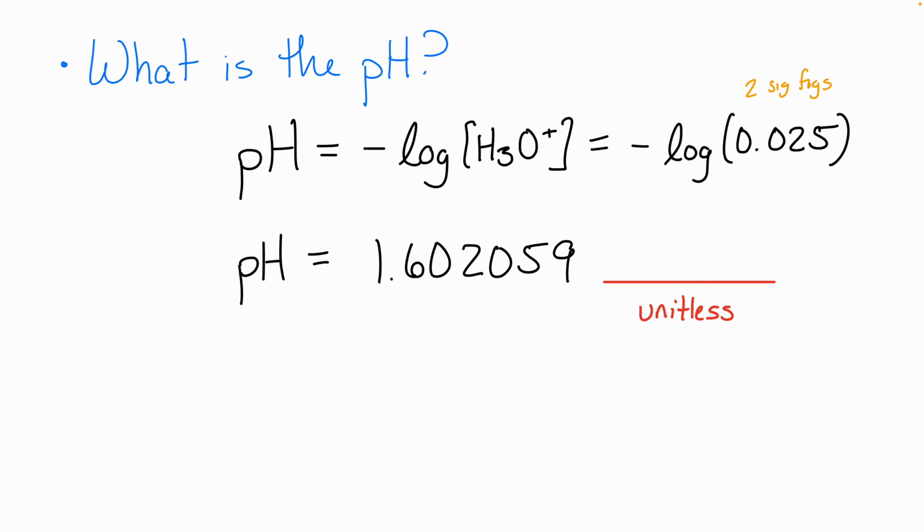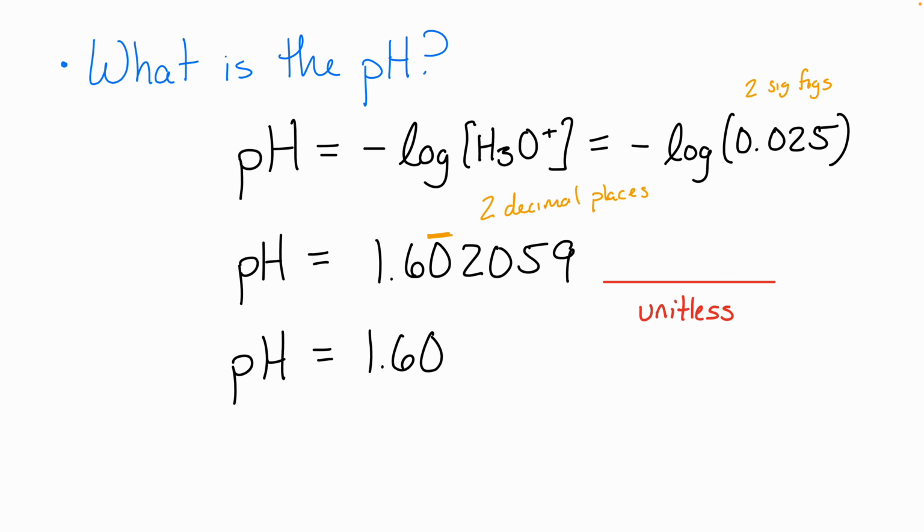Two sig figs in that concentration means two decimal places in our pH. So 1.60. Cool.